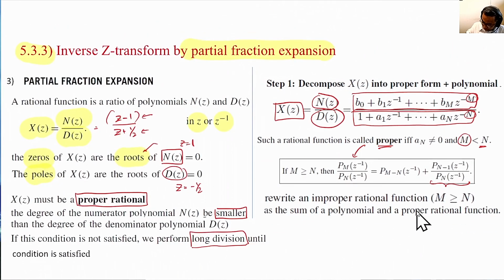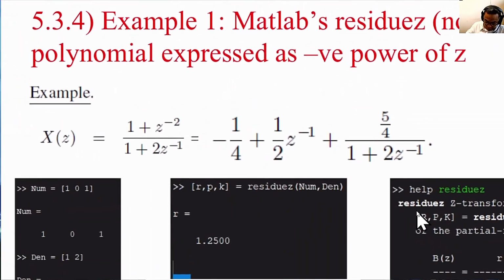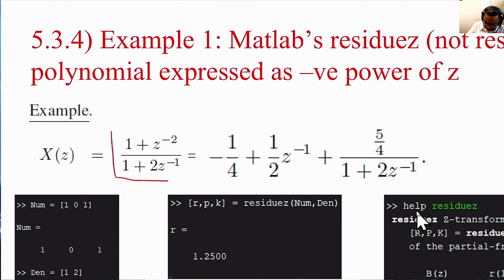Alright, let's see an example. The first example is this one. We have negative powers of z here, and this is X(z), with the numerator and the denominator. The numerator degree is 2, and the denominator degree is 1, so the numerator degree is higher than the bottom one.